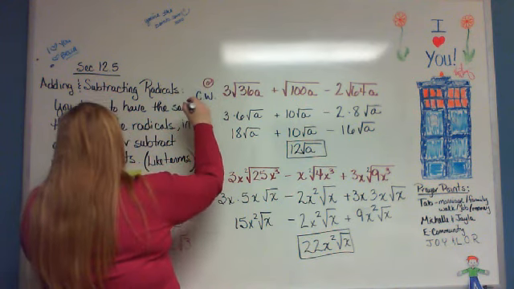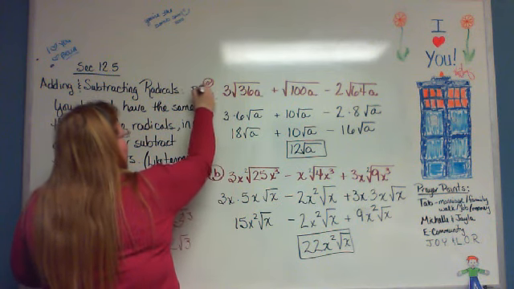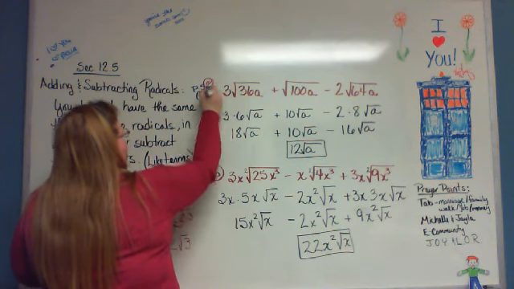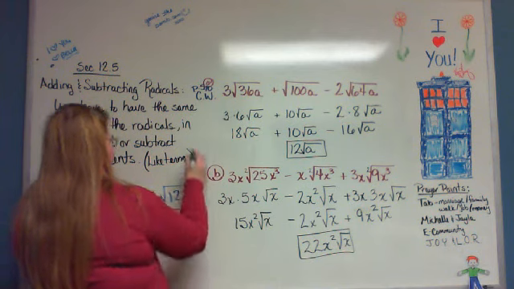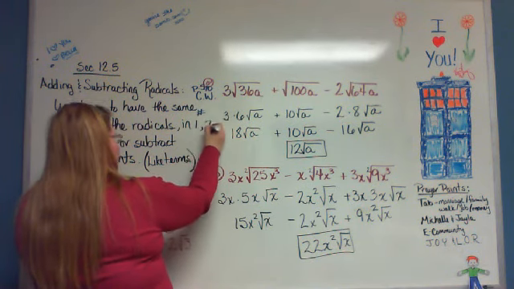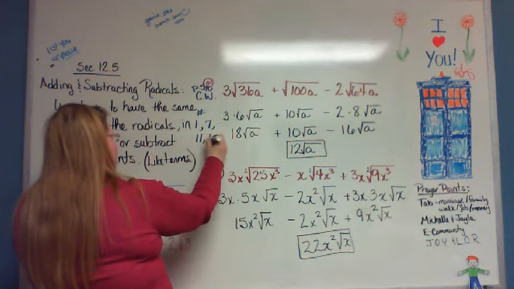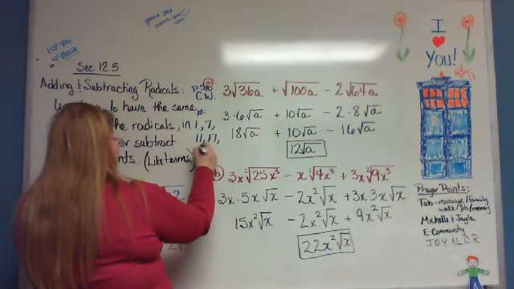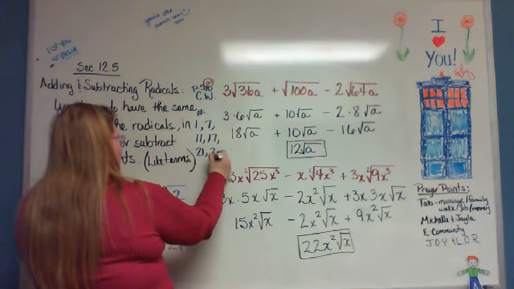Classwork. On page 510. Numbers 1, 7, 11, 17, 21, 27.